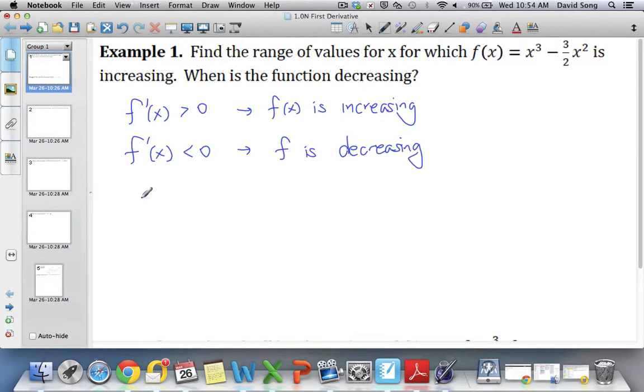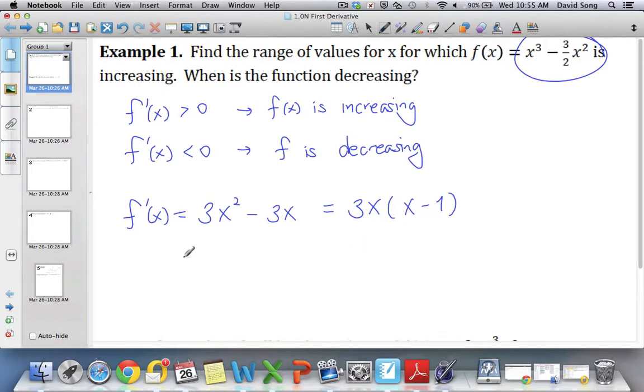Okay, so let's find f prime of x. F prime of x is, you take the derivative of this function, 3x squared minus 3x. And when you factor out 3x, you get x minus 1. Okay, so when is my f prime 0? You're looking at a zero product property, right?